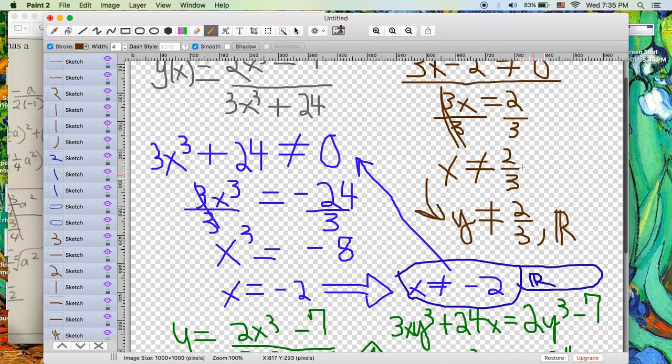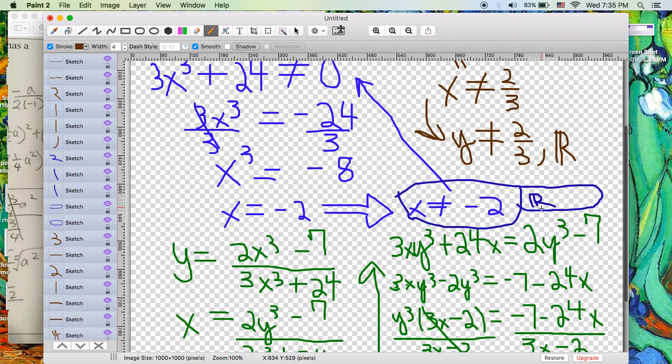But keep in mind, this is not actually x. This is merely the x of your inverse function, which is really the range, the y of your original function. So y cannot be 2 over 3, and the range is all real numbers, excluding 2 over 3.